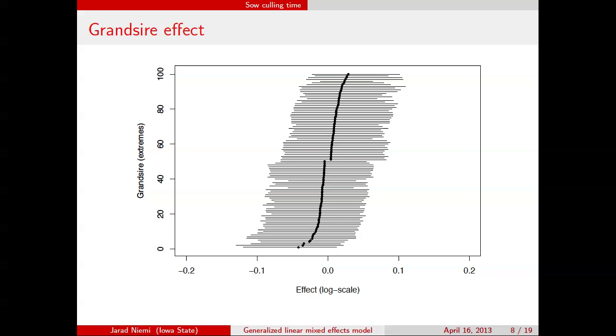So if you took the exponential of this number, it would be the multiplicative effect on the expected number born alive. Right. So here, anything that's 0, if you exponentiate that, you get 1. And so a 0 basically says, right, there's no effect of that Grandsire.